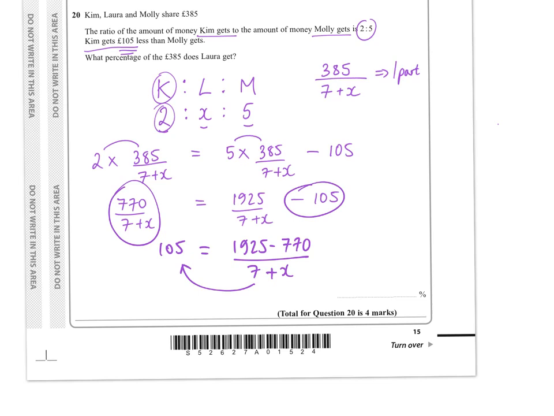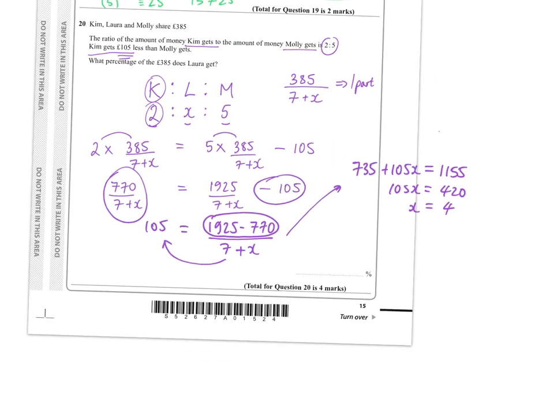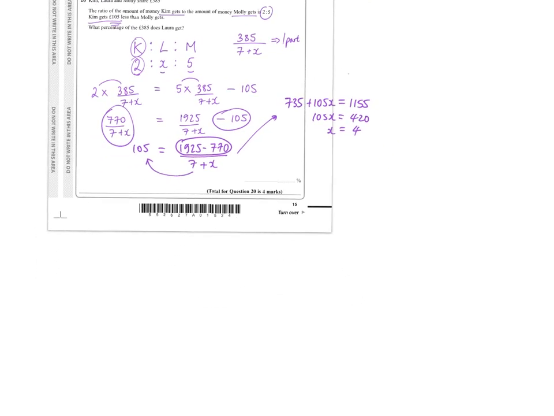Then you can multiply up by the 7 + x, and that would give you 735 + 105x equals the difference between these two numbers, and that is 1925 minus 770, which is 1155. And then we can take 735 from both sides and divide by 105. So x is 4.